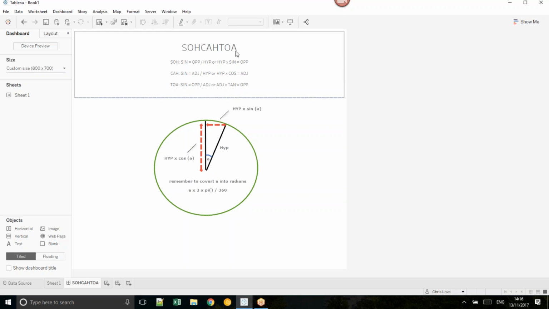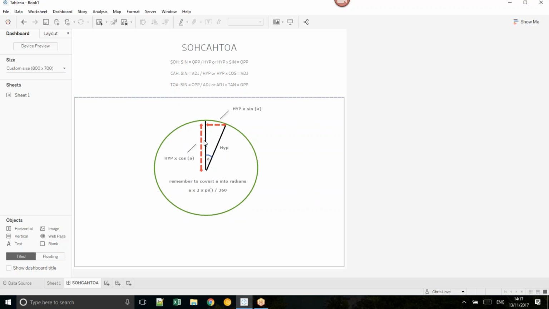So SOH tells me that sine equals opposite over hypotenuse, i.e. the sine of this angle is equal to the ratio of this side divided by that side. The cosine is equal to the adjacent divided by the hypotenuse. And the tangent is equal to the opposite over the adjacent.